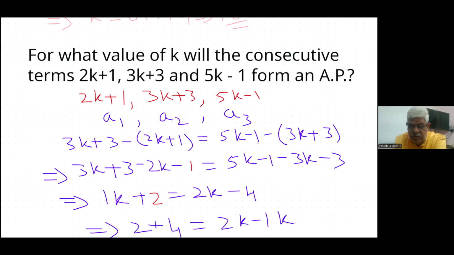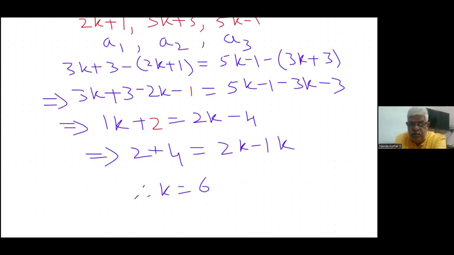Now you just remove these brackets here. Minus into plus is minus 2k, minus into plus is minus 1, equals 5k minus 1, minus into plus is minus 3k, minus into plus gives you minus 3. Now children, 3k minus 2k gives you 1k, and then 3 minus 1 gives you plus 2.